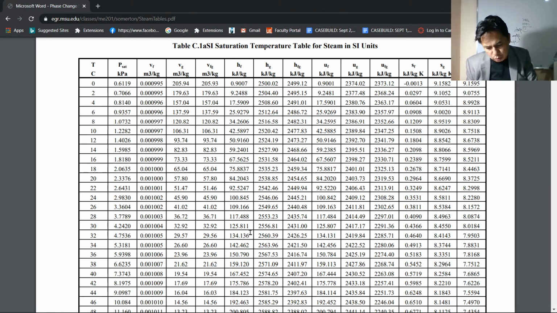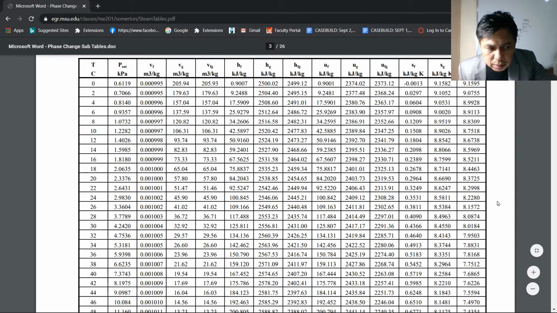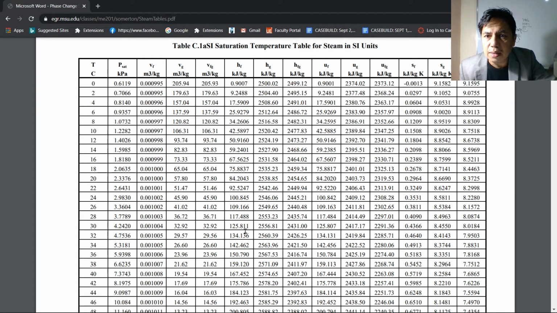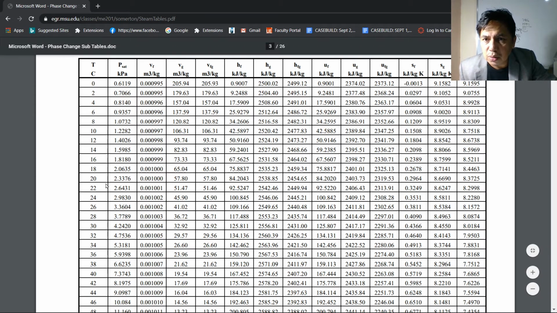Yeah, the other table here is 125.75. There are some kind of variances, but if it's only less, there's no problem. In other tables it's 125.78, but it's near. So let me have this 125.811 at 30 degrees.